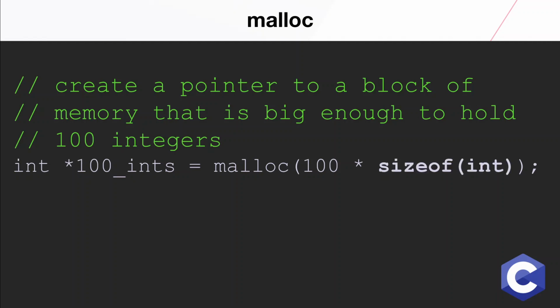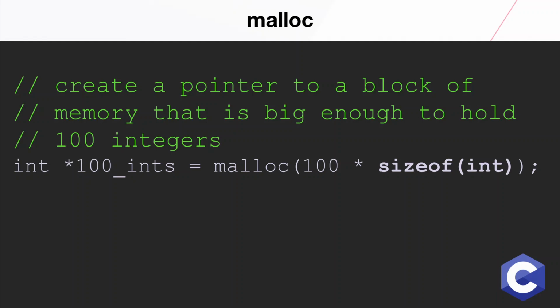Remember, malloc takes one parameter. I need to say how many bytes I need my program to allocate for all of these integers. So the first thing I'm going to do is think about what I am storing in this block of memory. I'm storing integers, and there's a handy sizeof function that we can use that will return how many bytes are needed for that particular data type.